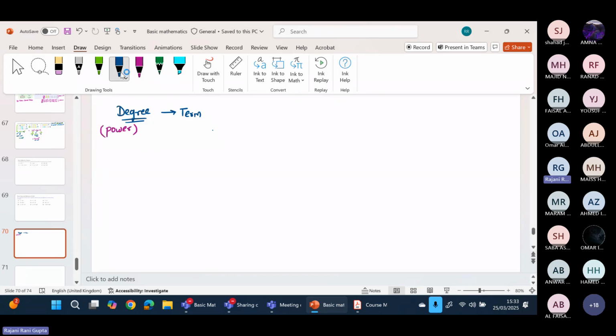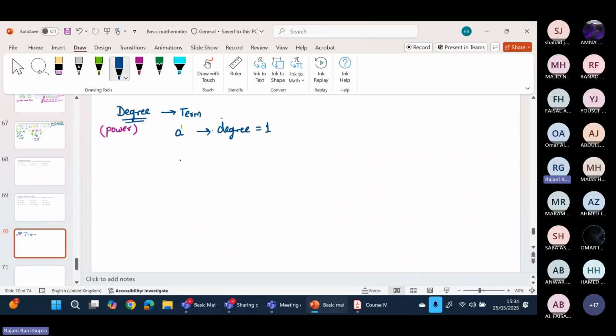For instance, if you have say A, here the degree will be, what's the degree? 1. Yes, correct. So the power of A is 1. So in this case, your degree is 1.